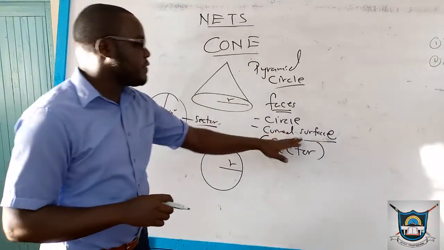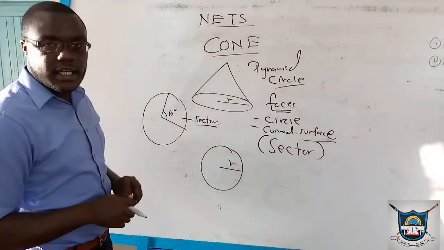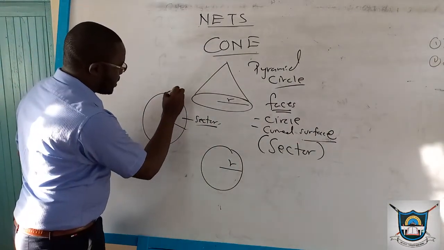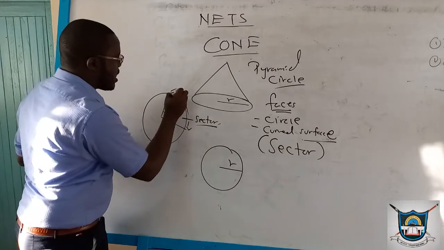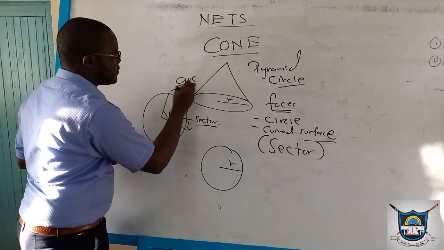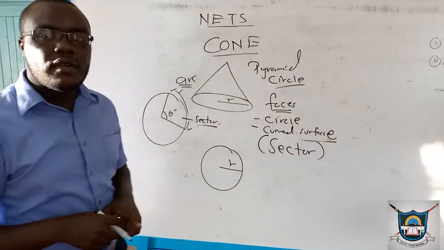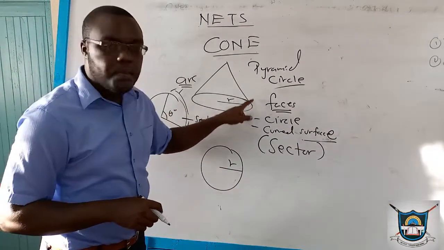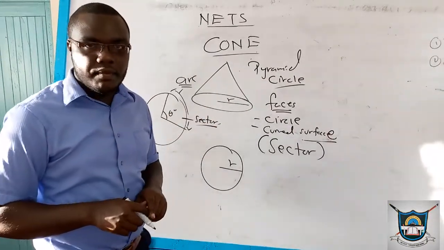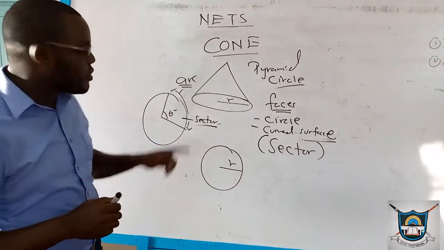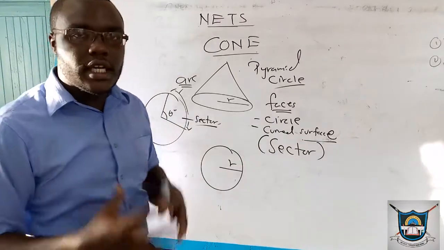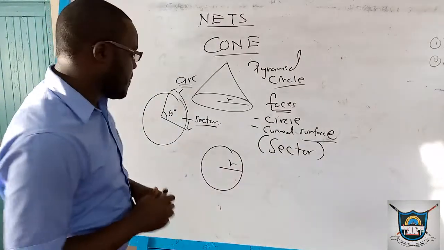So the curved surface of a cone is a sector with an arc, and the size of the arc must correspond with the perimeter of our circle. If the arc does not correspond with the perimeter of our circle, then the cone shall not be fully covered.